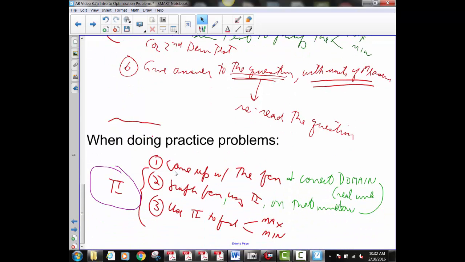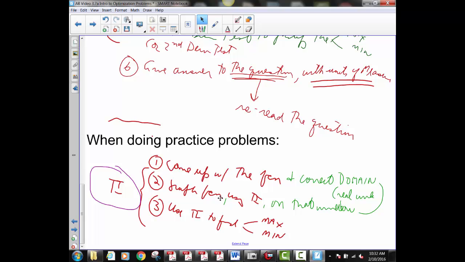Now, when you're doing practice problems at home, because these are just going to take so long, I would suggest that obviously you have to come up with the function in two variables and the correct domain. Make sure you check out the real-world domain. At that point, you could do one of two things.